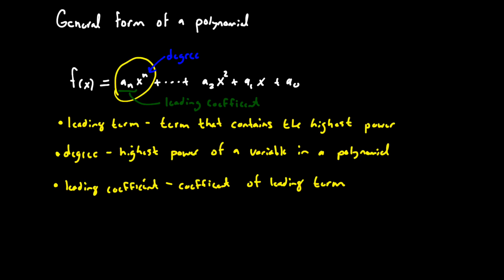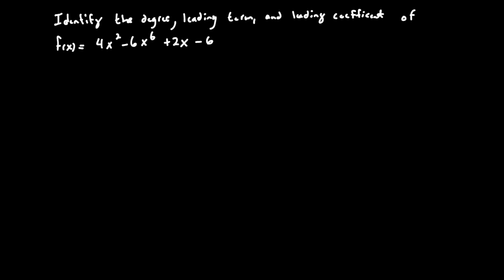Before we study the end behavior of a polynomial, let's first identify a leading term. In this problem, we're given that f of x is equal to 4x squared minus 6x to the 6 plus 2x minus 6. And let's identify the degree, the leading term, and leading coefficient of this polynomial. First, we need to rewrite this polynomial in general form, which means we need to rewrite this so that our x's have powers of decreasing order, where the largest power goes first.